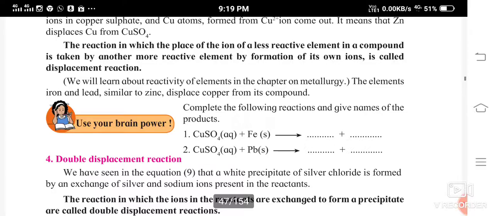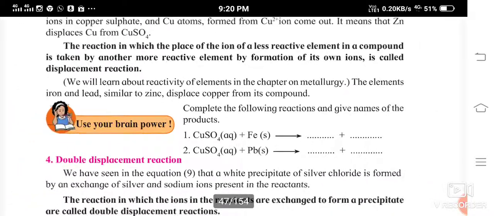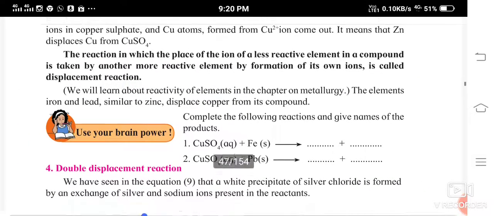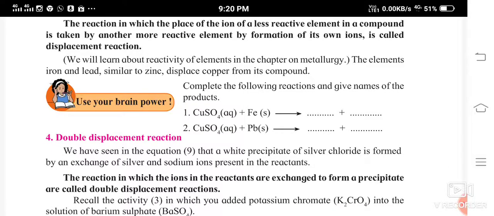We will learn about reactivity of elements in the chapter on metallurgy. You are going to study about this in the chapter metallurgy. The elements iron and lead, similar to zinc, displace copper from its compounds.